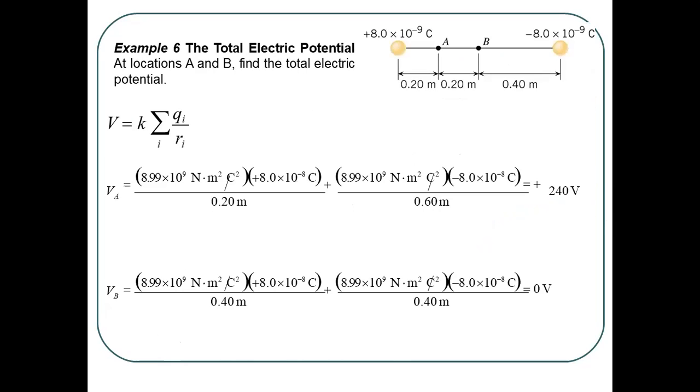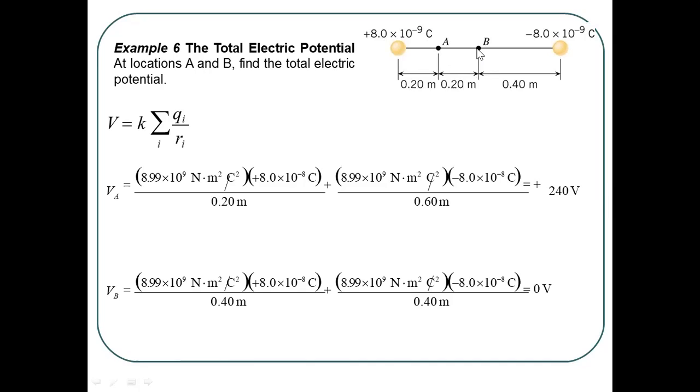For the sixth example, the total electric potential at locations A and B, find the total electric potential. We are given the following diagram. Your charge here, 8 times 10 raised to negative 9 coulombs, has a distance from the charge to point A of 0.20 meters, and the distance between point A and B is 0.20 meters.